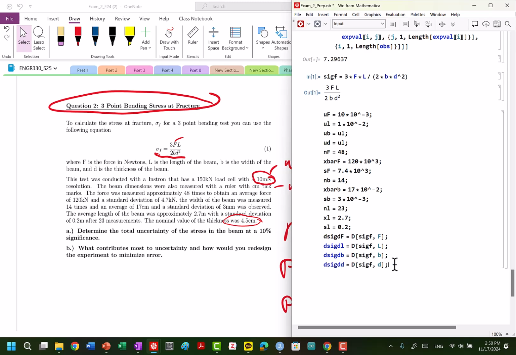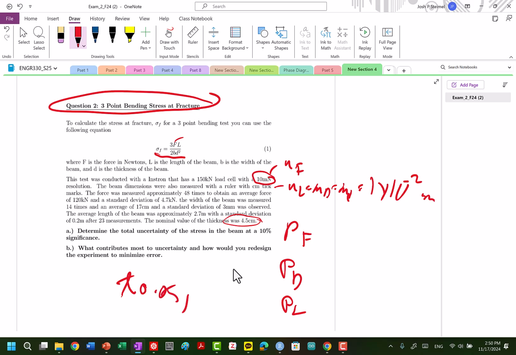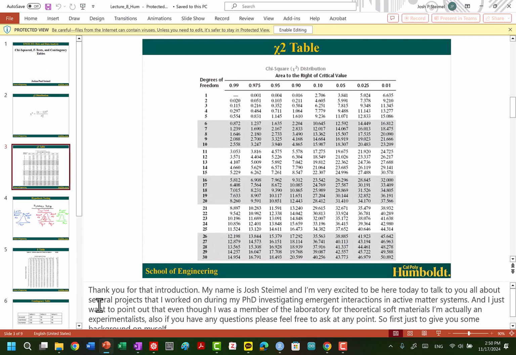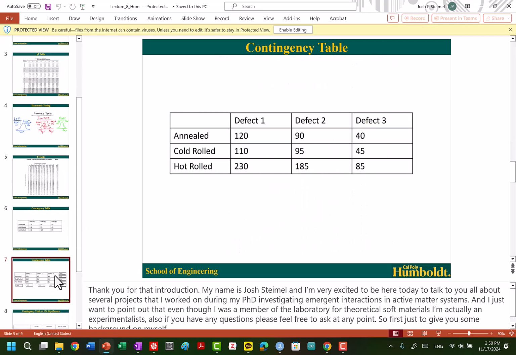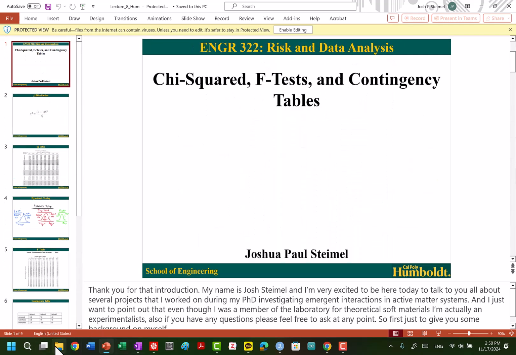Okay, so the other thing is I'm going to need the t value. Here we're looking at a 10% significance, so I need a t of 0.05, and then we're going to have 3 separate n's. So what I'm going to have to do, hopefully it's in here. F table. No t table here. All right, that's okay. But we're going to have to go and find our t table.